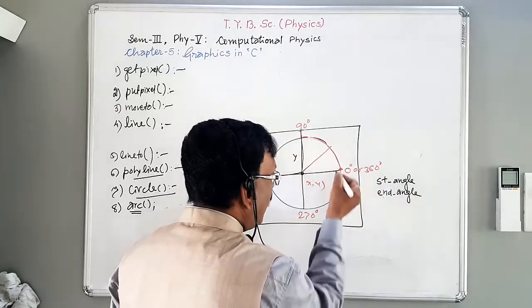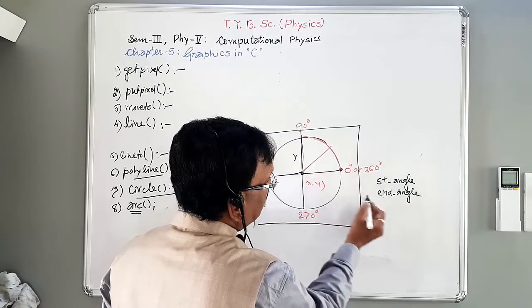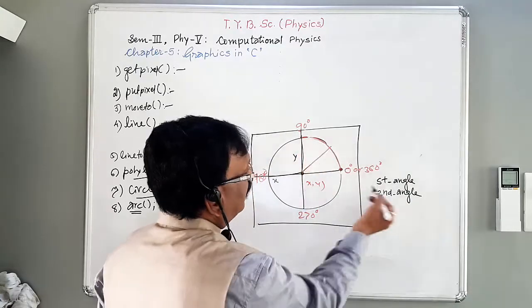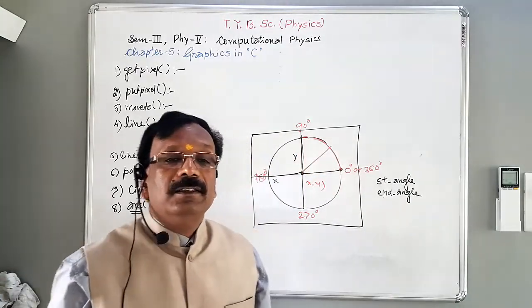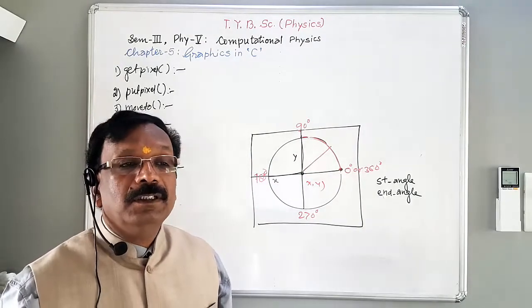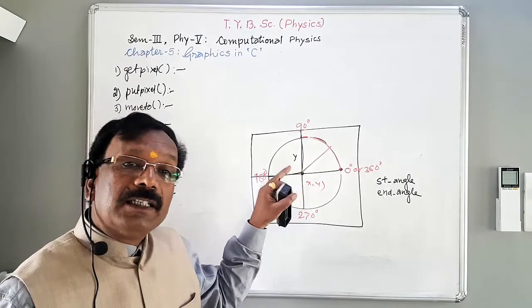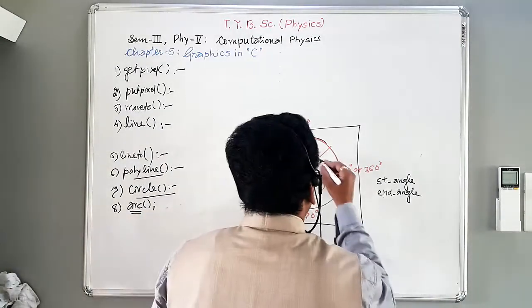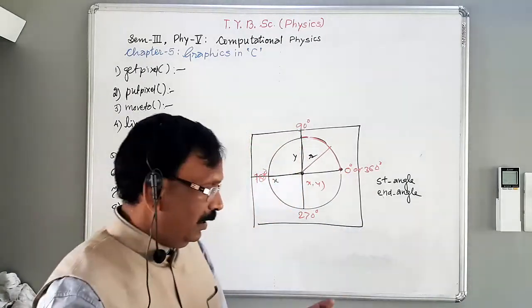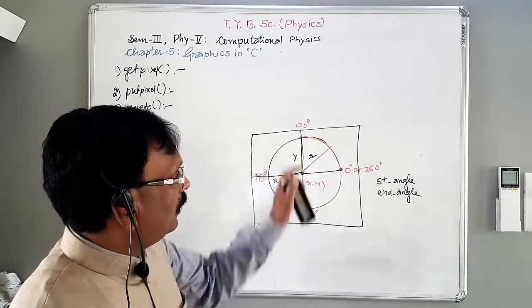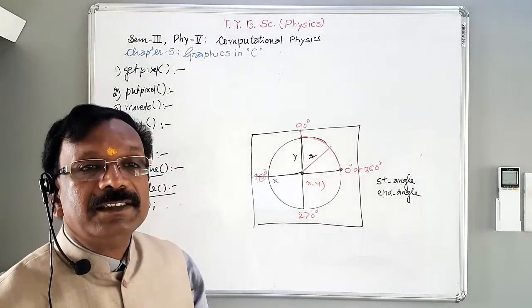That means this arc has starting angle 0 and ending angle 90. The radius of the arc is also important. So in order to draw this arc, what will be the general syntax?